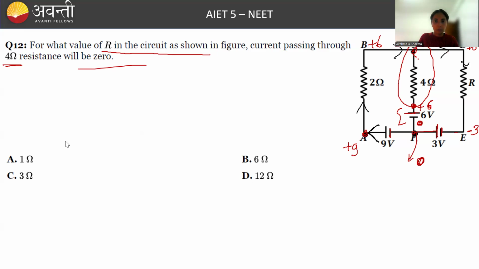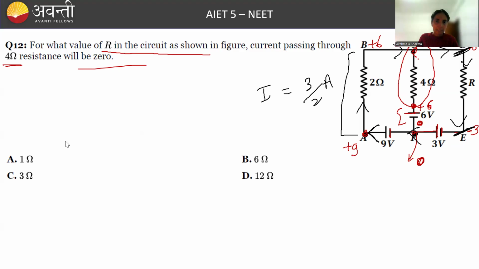So the whole current will go here. So this is a single loop circuit now because no current is flowing through 4 ohm. And if we calculate the current in this branch, the potential difference is plus 9 minus 6, and that is 3 volt. So the current will be equal to how much? 3 by 2 ampere. And here also the current will be what? 3 by 2 ampere, the same current is going.